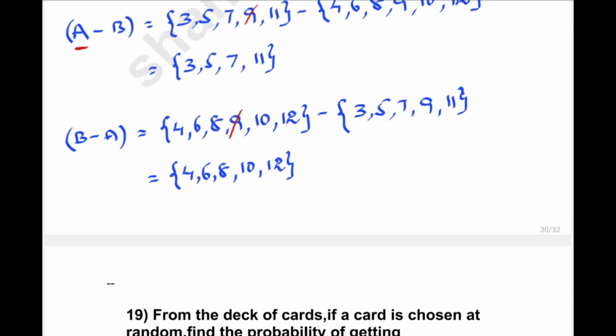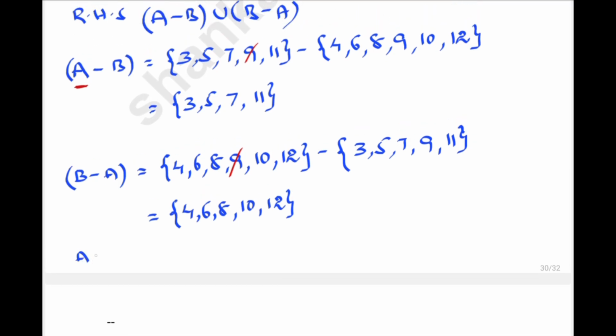Now we have to group A minus B union B minus A. So we have to group all the elements in both of these. So 3, 5, 7, 11 and also 4, 6, 8, 10, 12, within the same set.